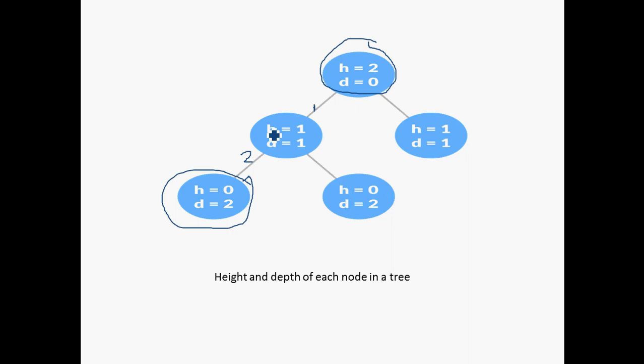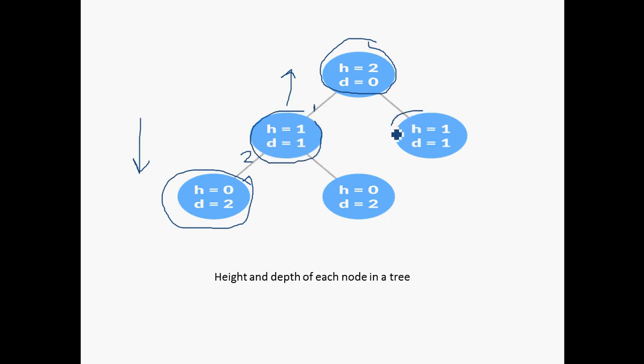For this node height is 1 and depth is 1, because for finding height we go in this direction, and for finding depth we go in this direction. So for height in the downward direction there is only one edge to the leaf, and for depth there is one edge to the root. So height is 1 and depth is 1 for this node.